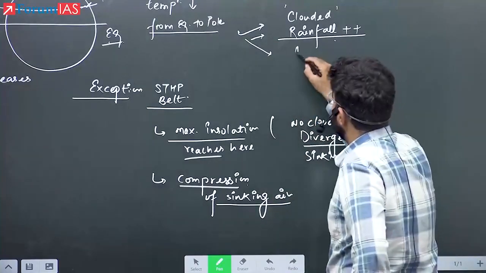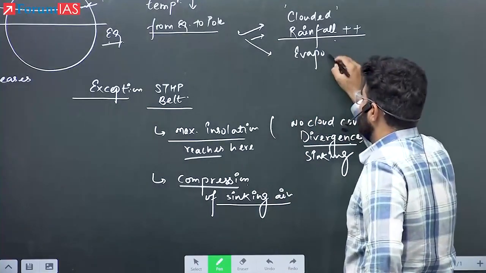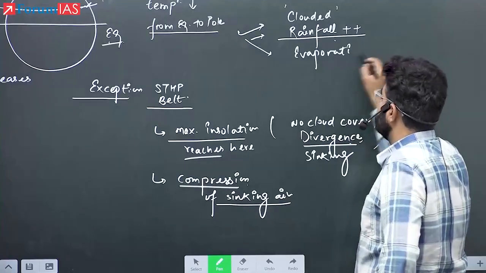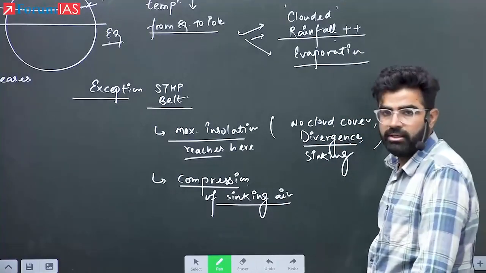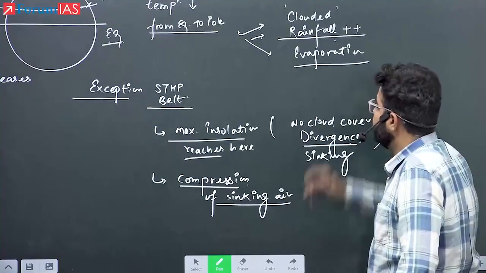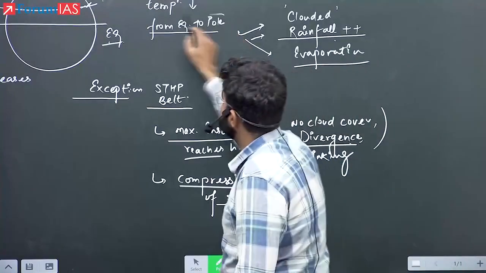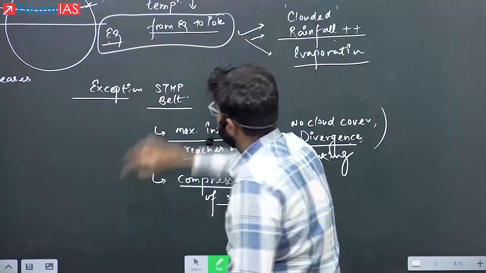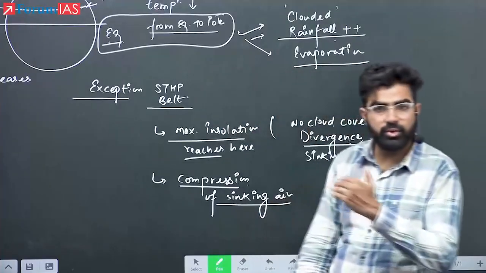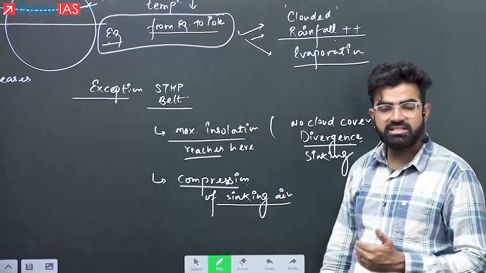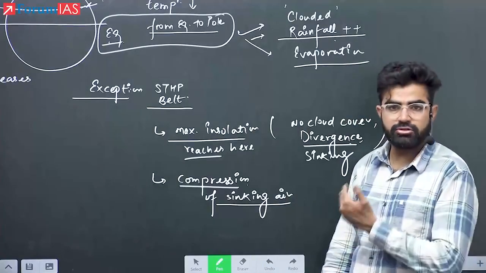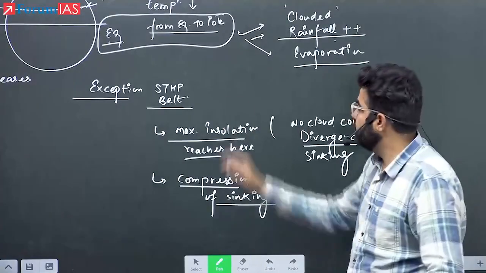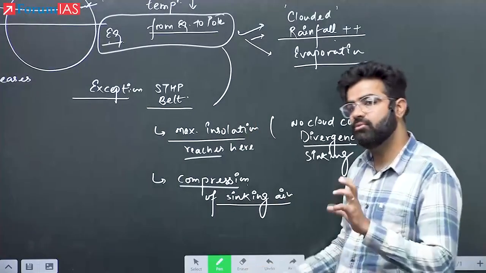Because of heavy evaporation. Here, rather than temperature rise, evaporation would be more. So all these three factors are working in this equatorial area and therefore the temperature would be less compared to the STHP. Not that this is low temperature; this is also a very high temperature. But compared to the STHP, we will say this is somewhat less.